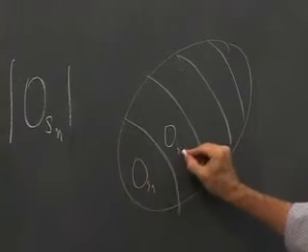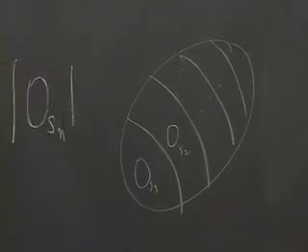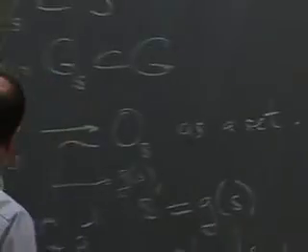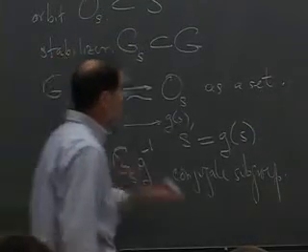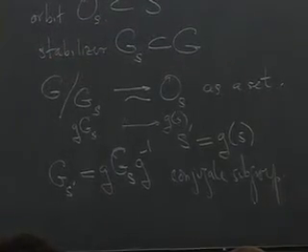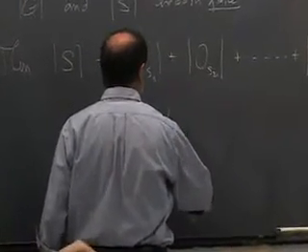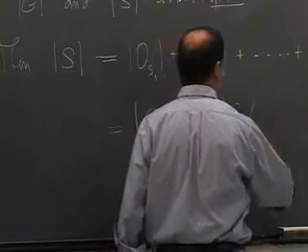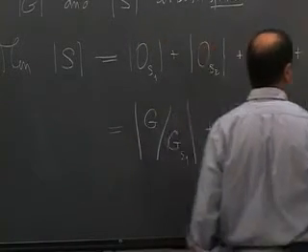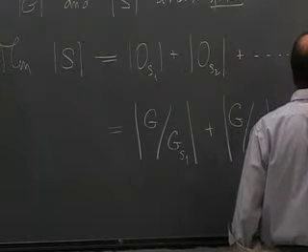So if you add up the elements in the different orbits, you get the total number of elements in the set. But because of this property that every orbit is identified with a coset, and we know the order of a coset is the order of G divided by the order of the stabilizer, this can be written as the order of G divided by the order of G S1 plus the order of G divided by the order of G S2 plus the order of G divided by the order of G S sub n.